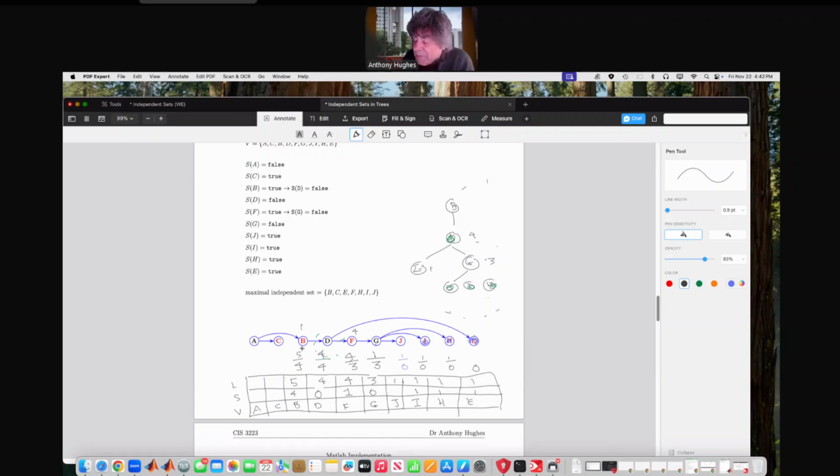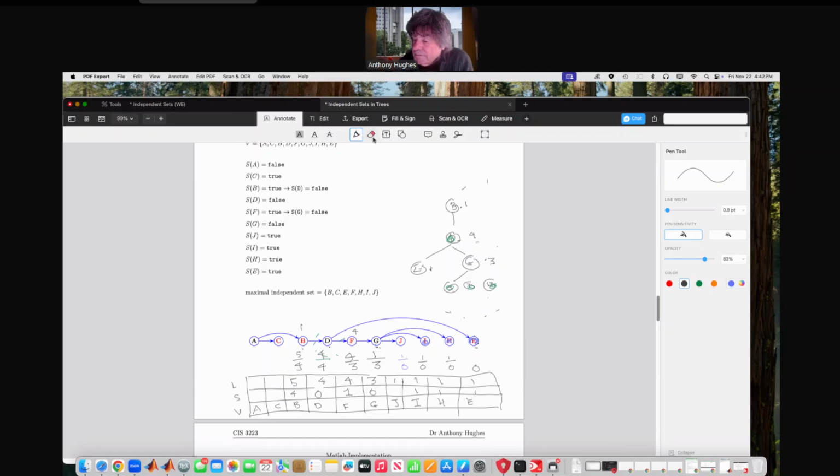So B has grandchildren G, and it also has grandchild E. There it is, E. Okay, B has grandchild E and G. So if you add the grandchildren up, I get 1 and 3 is 4. You include B, it's 5. So I get 5 for B. Whereas if I exclude it, I only get 4. Because if I exclude B, I only get this one, the child, which is 4.